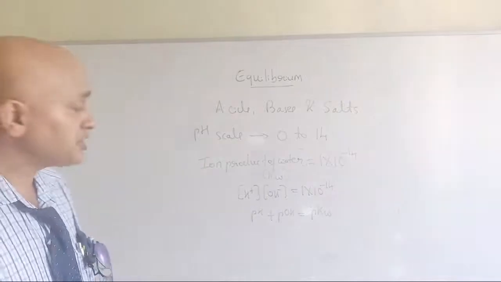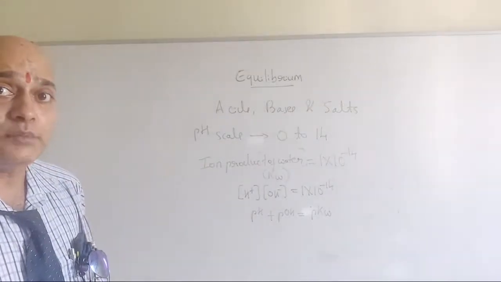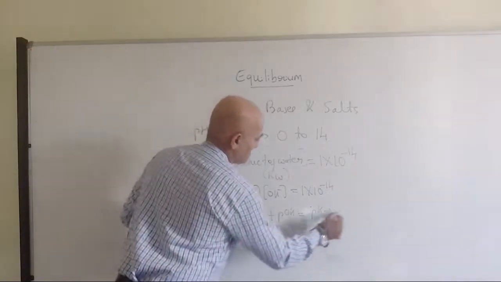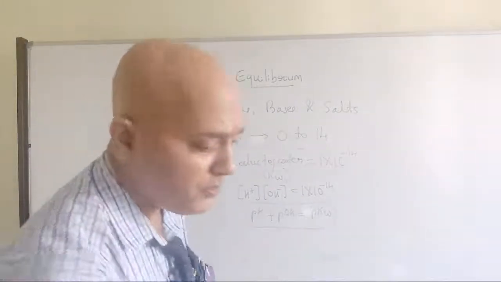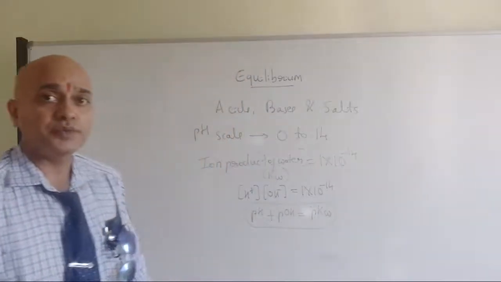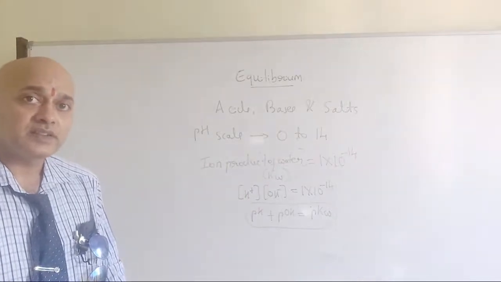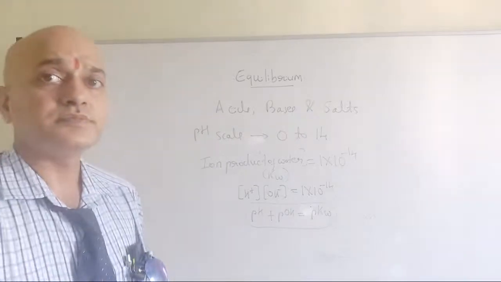So pH plus pOH is equal to pKw. Important equation. Remember this one also. Fine? All of you have understood? Any doubts?